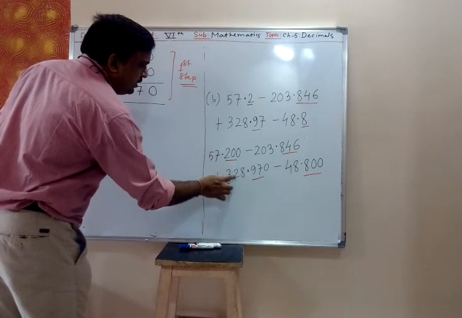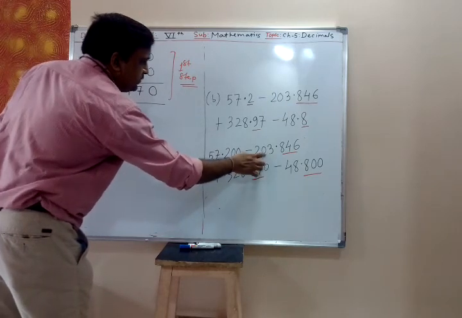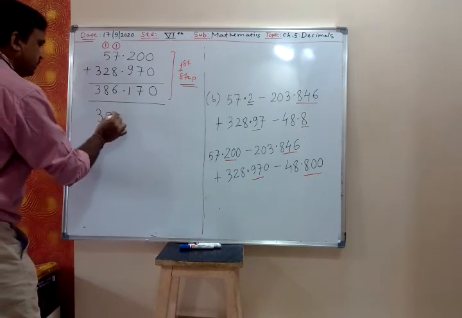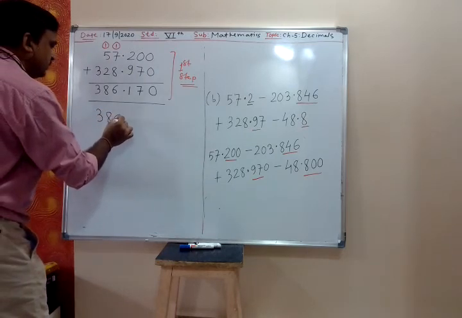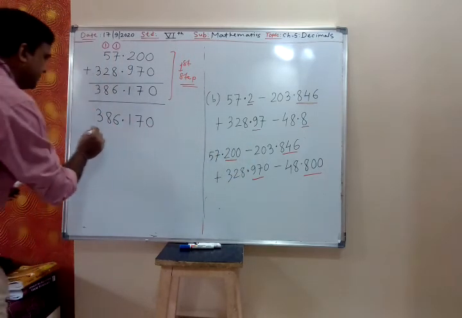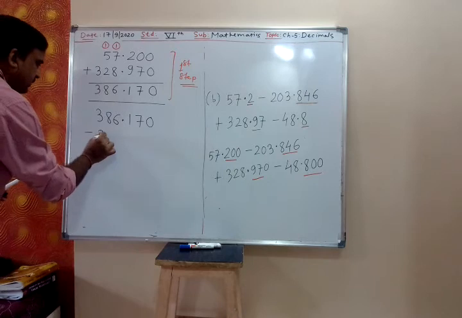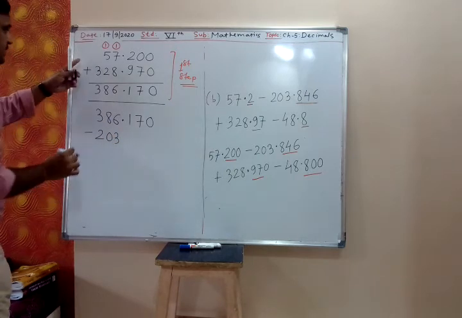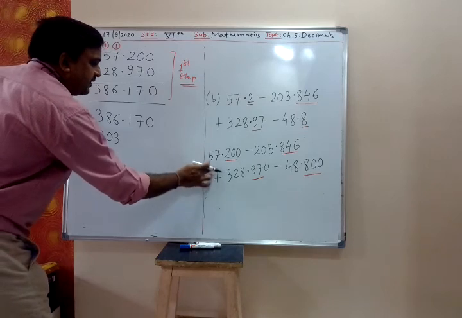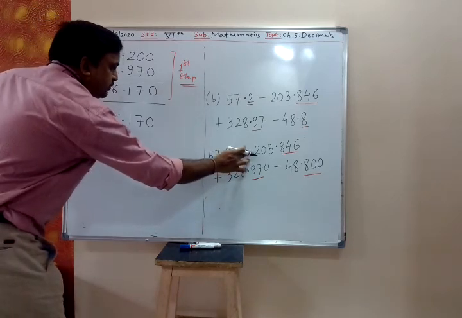Now from the total of these two, I will subtract this. So the next step: 386.170 minus 203.846. First step is plus: 57 plus 328 we have added. Now I will subtract from this total.